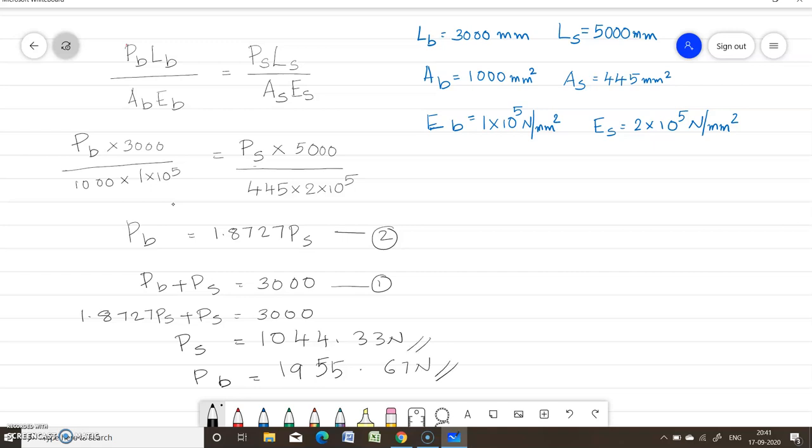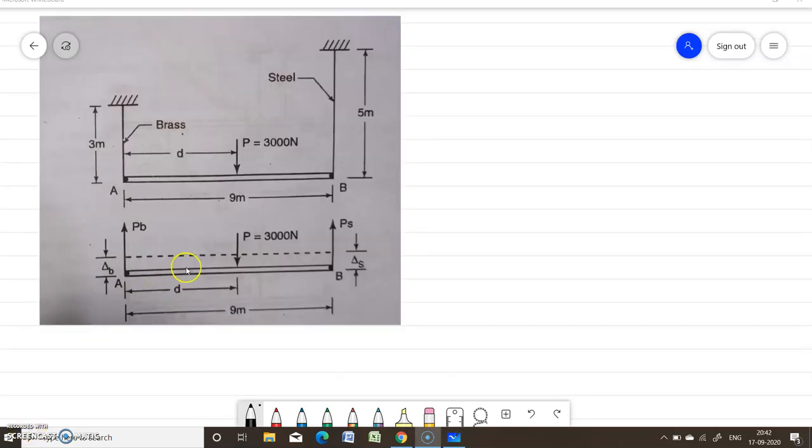So you have got the forces on the two rods. Now you have got the values of PB and PS.